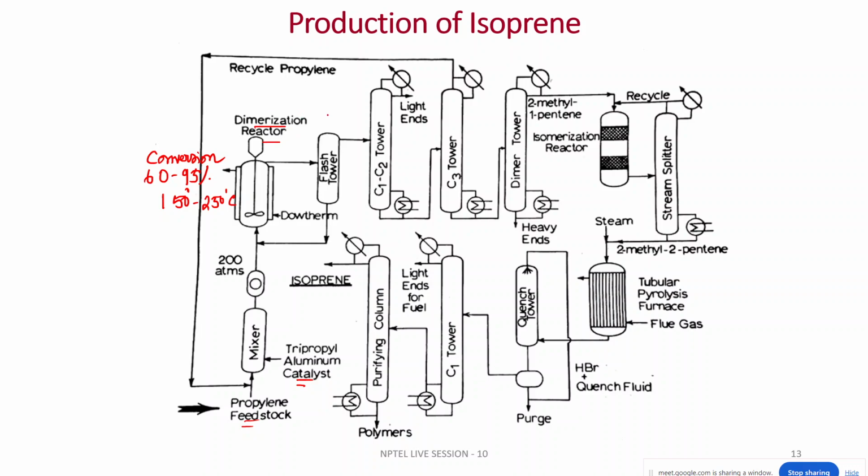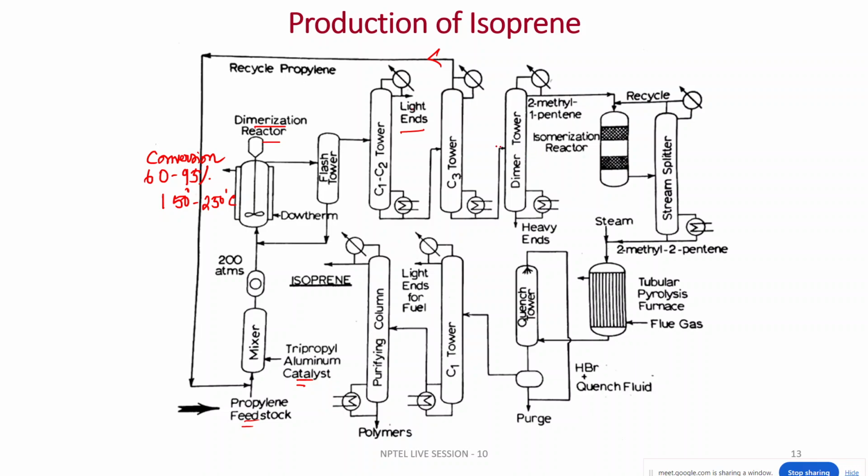That is step A, and also some lighter hydrocarbons are there. So that is sent to the C1 to C2 fractionator, where very light ends are separated out, and the bottoms are sent to the C3 fractionator, where mostly the unreacted propylene is separated, which can be recycled back to the feedstock point.